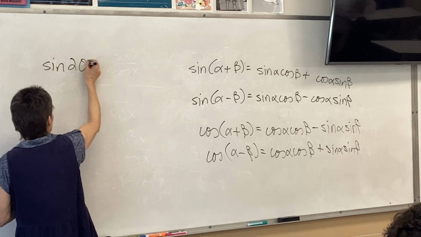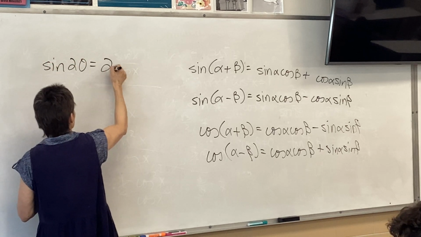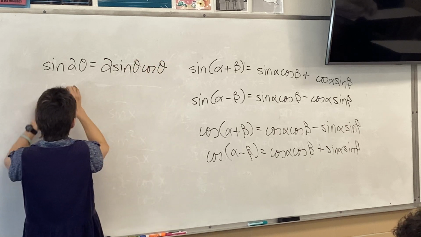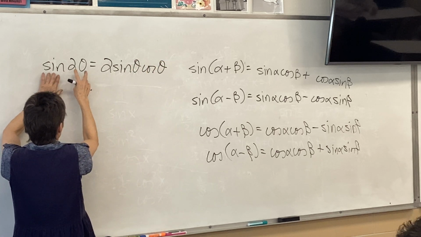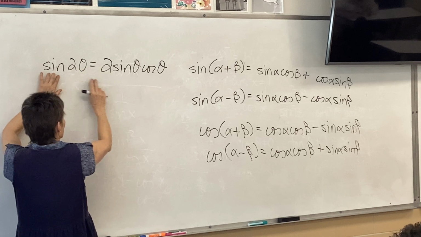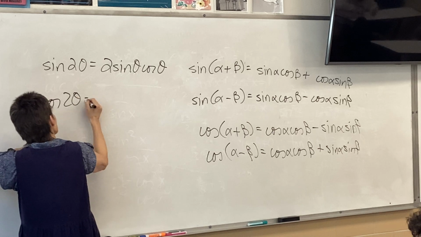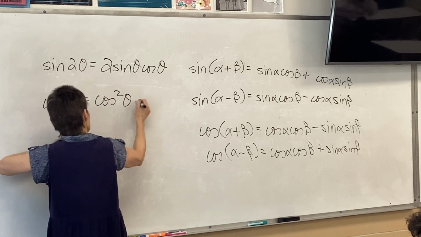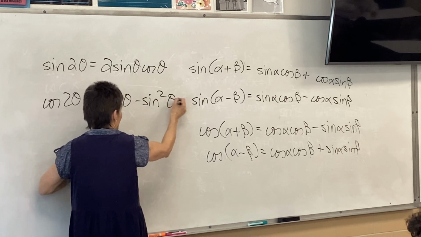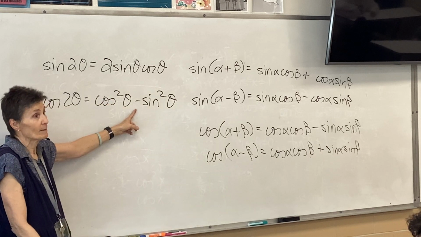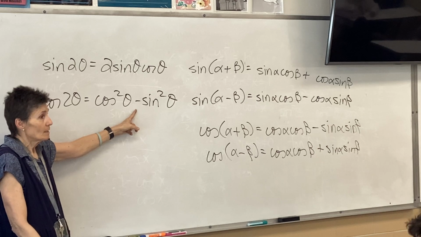So the double angle identities, for sine, it's 2 sine cosine. If you are taking the sine of twice an angle, that's how you do it. The cosine one is a little bit trickier. First of all, that's a minus in there, so make sure you're paying attention to that.